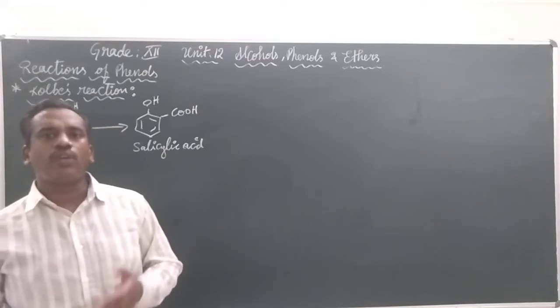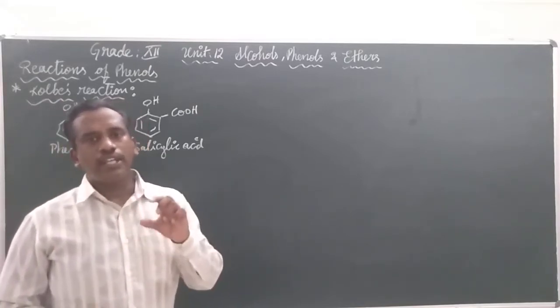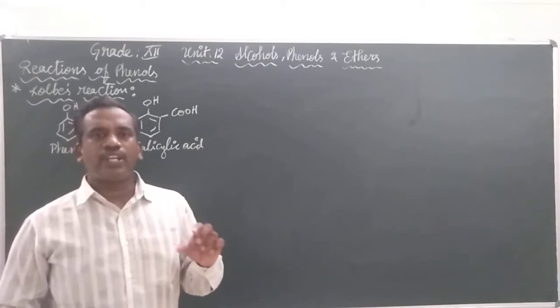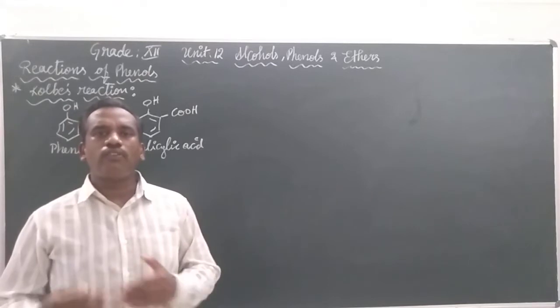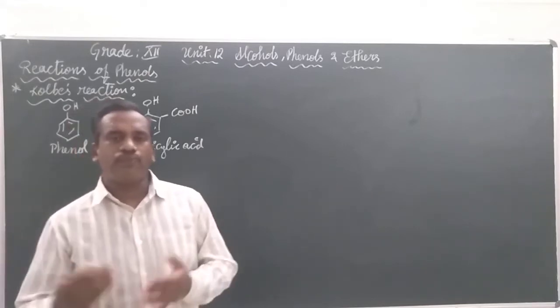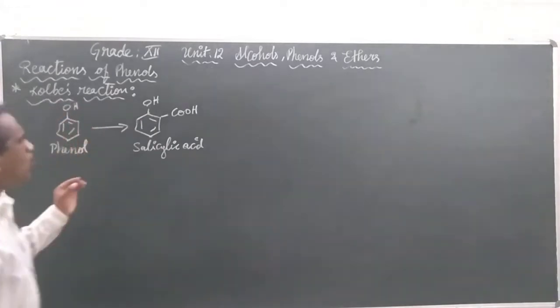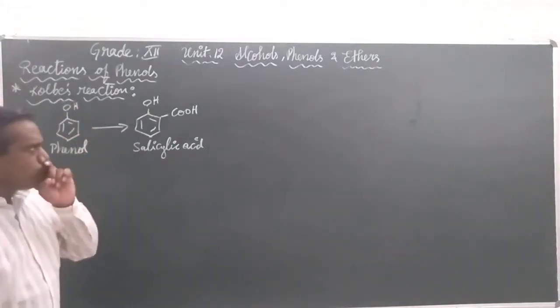So in this video we are going to discuss the basic PU examination or any board, CBSE board examinations, step by step process as direct step. Later also we will be discussing the mechanism that is useful for the objective. Let us see how to prepare salicylic acid from the phenol.